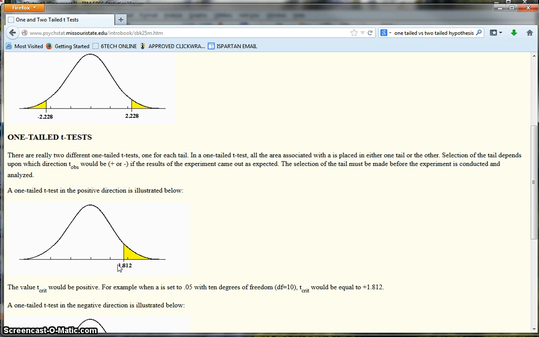If I'm just going to say the seniors are going to show higher alcohol consumption, I get to put all of my probability here, and that lets me have a lower t-value. That lower t-value literally sets the bar lower. It's like a high jump. We can set the bar lower and we don't have to show as strong a difference between the two groups because we have a more powerful test.